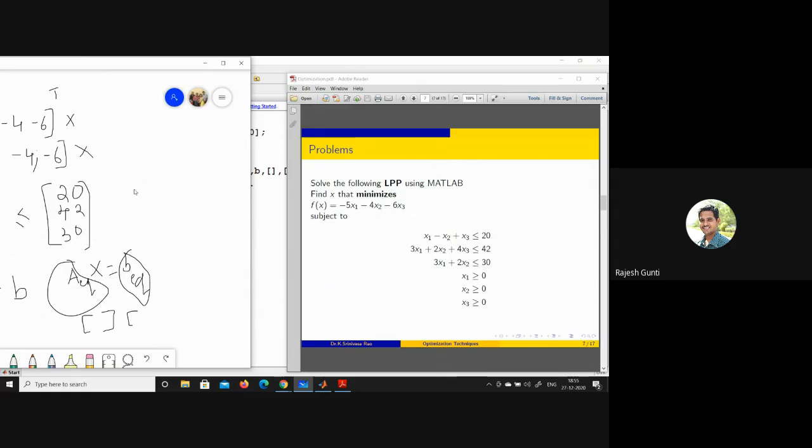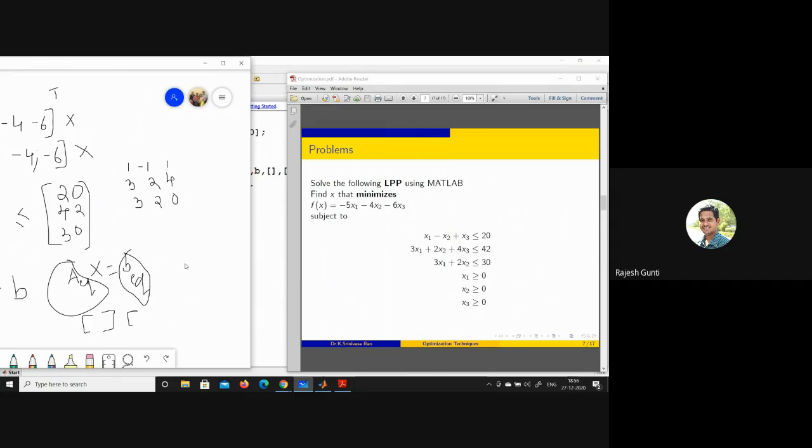The entire value can be written as: 1, minus 1, 1; 3, 2, 4; 3, 2, 0.